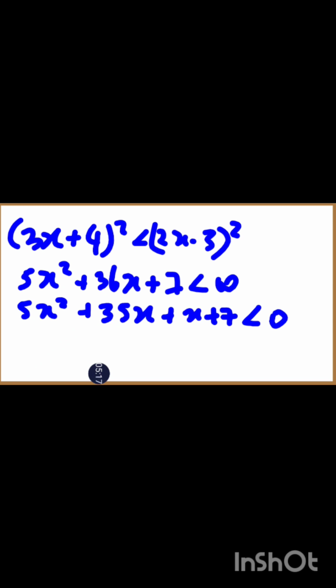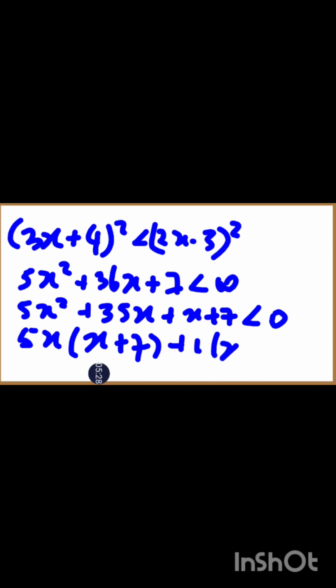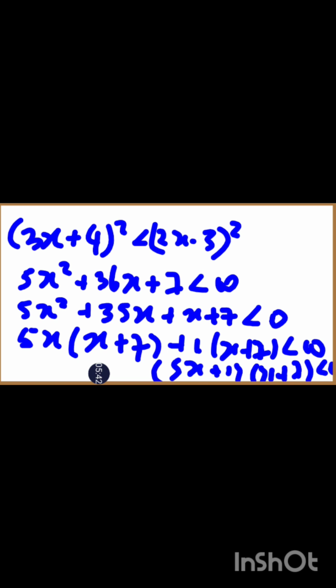Factoring out, we have 5x times (x plus 7), plus 1 times (x plus 7) less than 0. So the factored form will simply be (5x plus 1) times (x plus 7) less than 0.